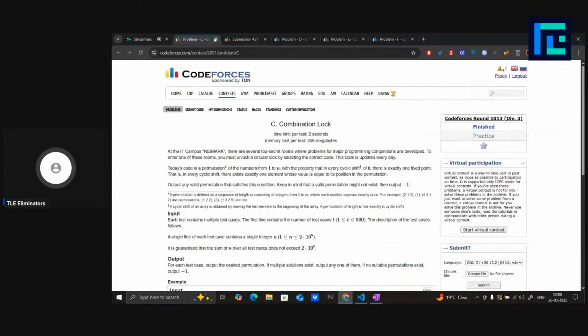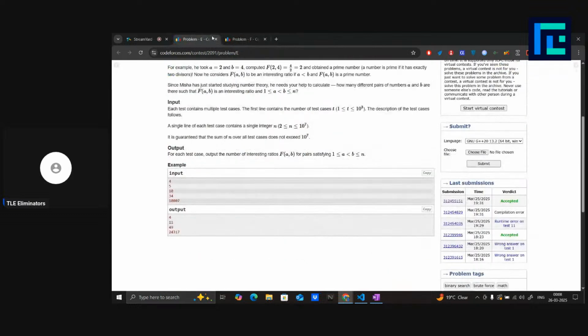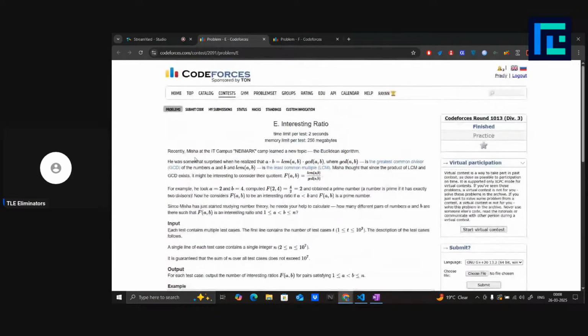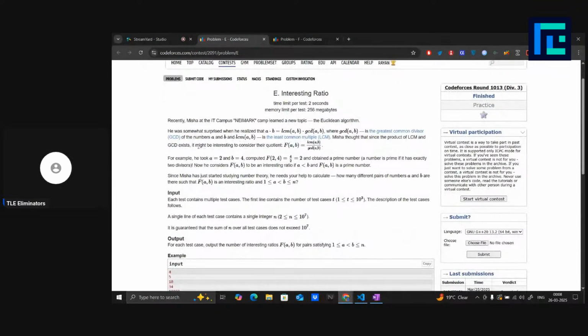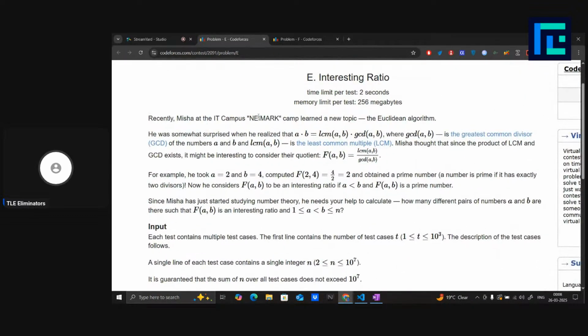So we have problem number E now. Interesting ratio. Recently, Misha at the IT campus Nemark camp learnt a new topic, the Euclidean algorithm. He was somewhat surprised when he realized that A into B is equal to LCM into GCD, where GCD of a, b is the GCD and LCM is the LCM.